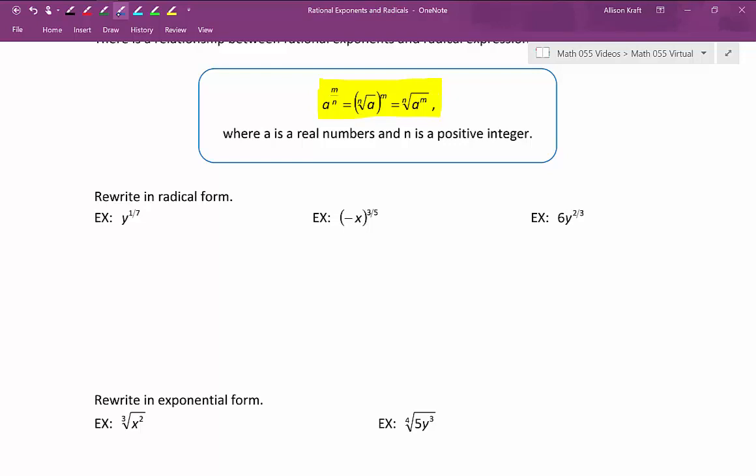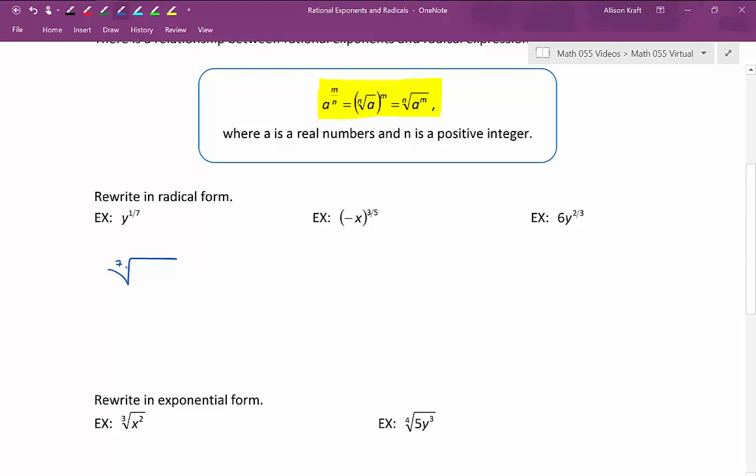definition of a to the m over n power in our box that the denominator of our rational exponent is always the index of our radical. So the index of our radical is going to be the same as our denominator, which is 7.